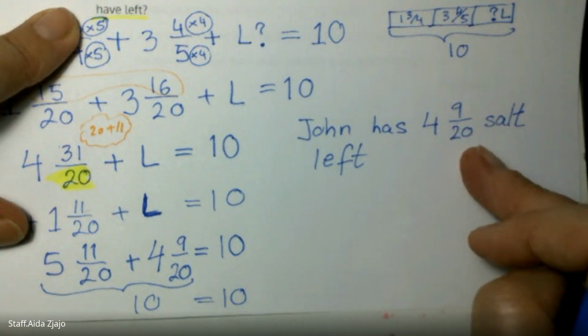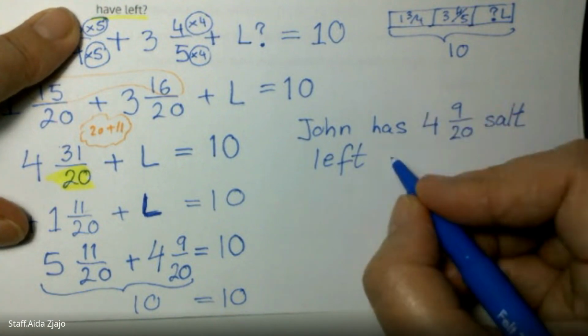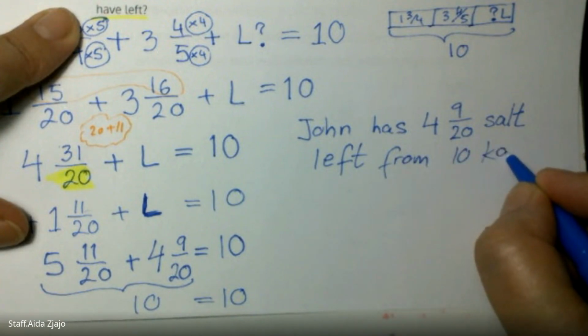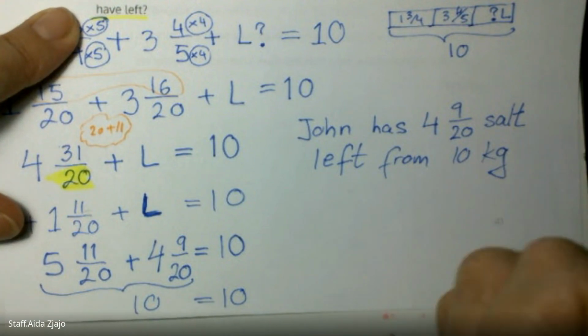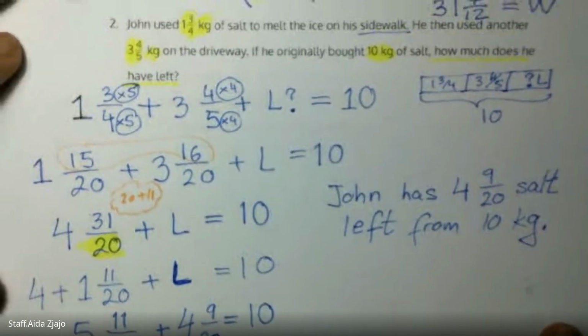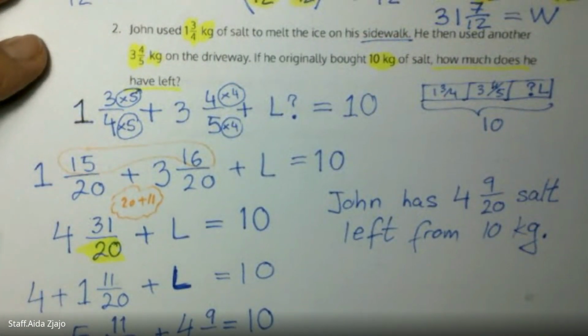John has 4 and 9/20 of salt left from the 10 kilograms that he had originally. Okay, so that would be a John problem.